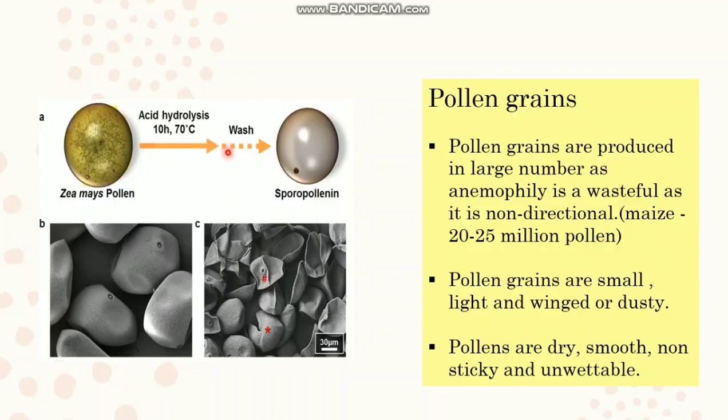The pollen grains are very small in size, light in weight, and winged or dusty so that the wind can easily carry them to long distances. Their surface is smooth, dry, and non-sticky, as well as unwettable.